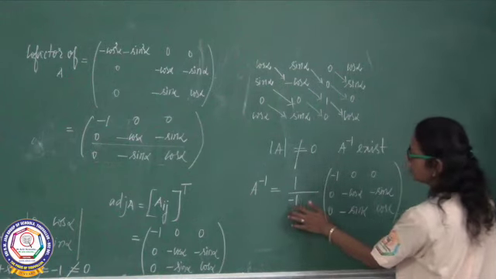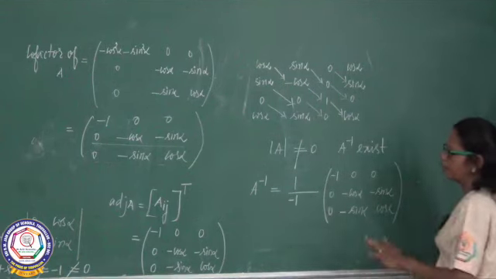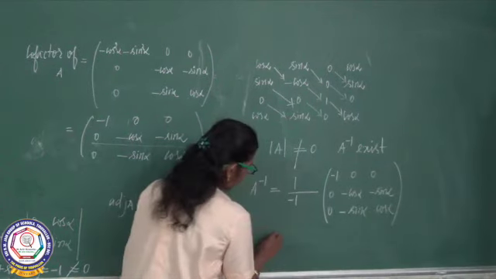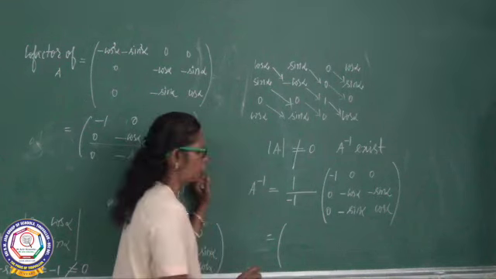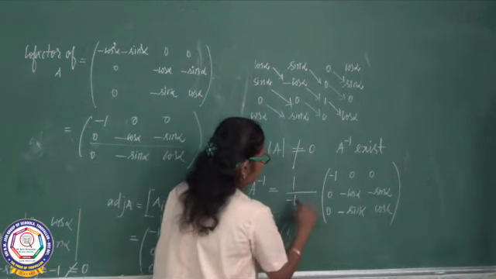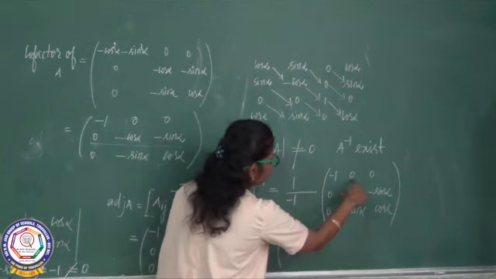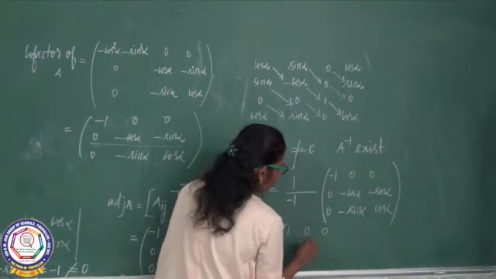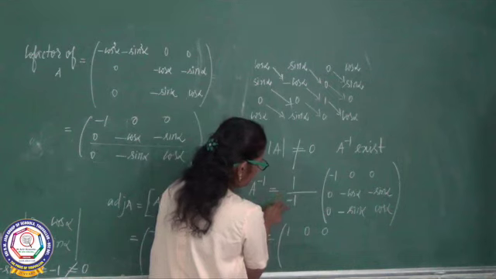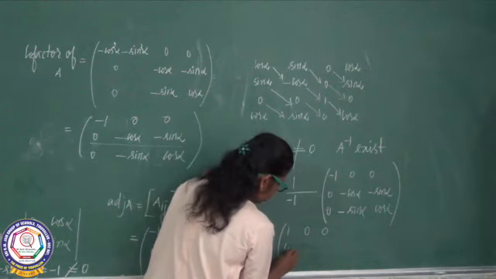Here minus 1 is there; use that and divide the entries. If both are negative, you arrive at positive. So, 1 by minus 1 into 0, you arrive at 0. The same here also 0.